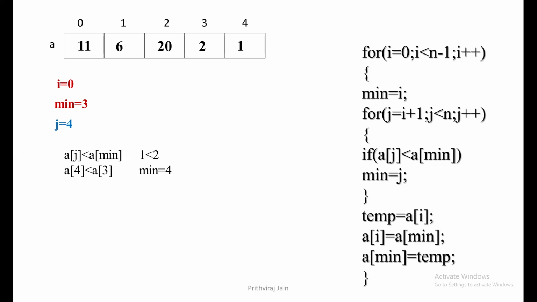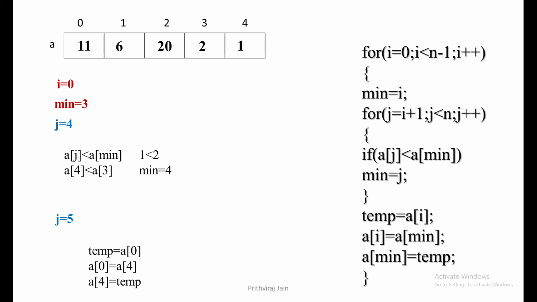Now we can swap the first initially chosen element with the minimum element. If I increment the j loop, j becomes 5, so automatically the loop will terminate. Then it goes to the last remaining three statements.